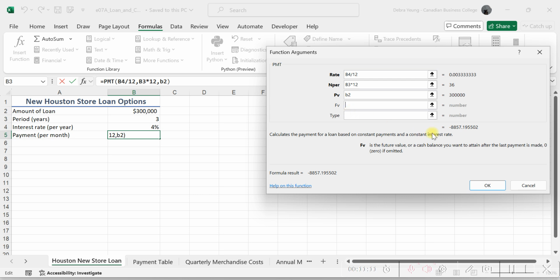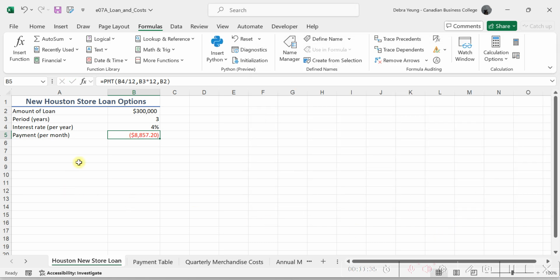The one thing you're going to be aware of is that right now we're going to get a negative value. Sometimes you can work with it, sometimes you can't. There is a way to fix it. Again, we're going to do the book way, and then I'll show you a slightly different way. Both are equally good. So at this point, every month for 3 years, Elena's payment is going to be $8,857.20.